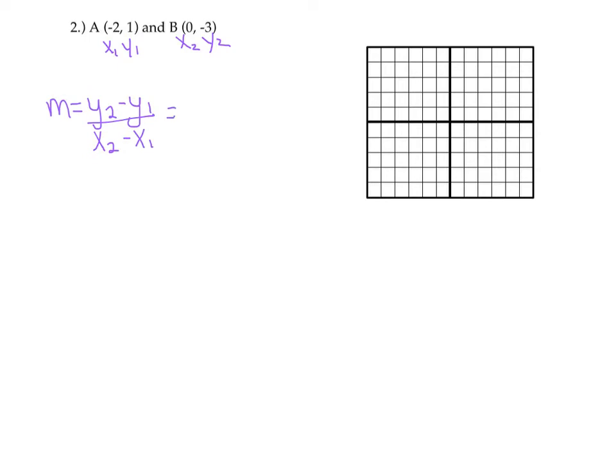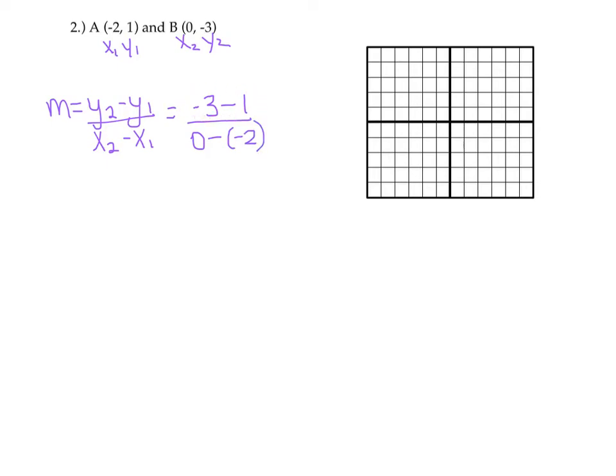So now our y2 is equal to negative 3. So to plug that in, negative 3 minus our y1 is 1, over our x2 is 0, minus our x1 is negative 2. So now we're going to subtract going across.